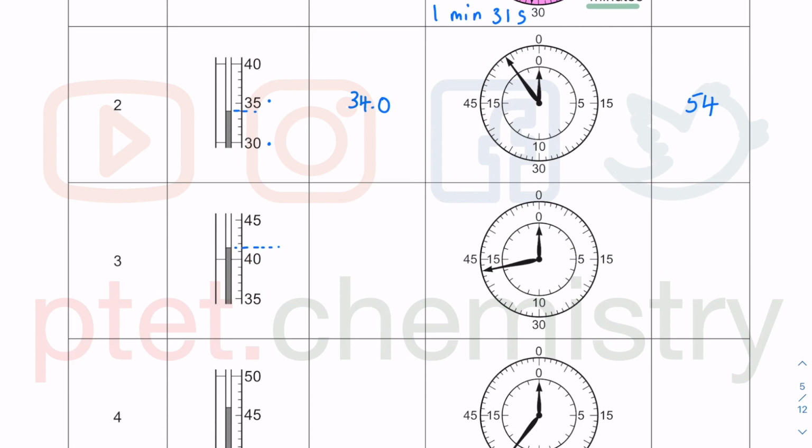We have 40, 45, so there's 41 and 42. This is in between 41 and 42. This is 41.5 degrees Celsius. Shorthand there is 0 minute, the longhand is for the second, 30, 35, 40, 41, 42, 43 seconds there.